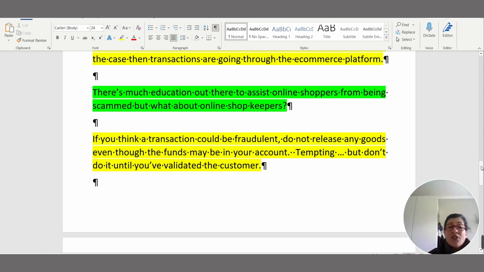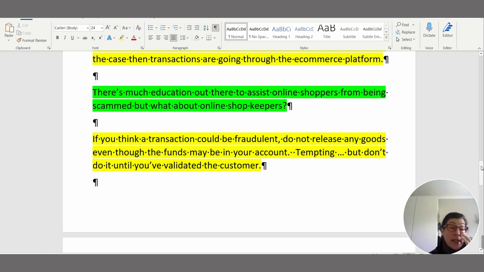If you think a transaction could be fraudulent, do not release any goods, even though the funds may be in your account. It's very, very tempting to have large sums of money in your account. But you're going to cry in a few months' time if you've released the goods, you've kept and spent the money, you've paid the supplier, and now the bank has come knocking to say, listen, where is the proof and credibility and validation of this transaction that went through the account?